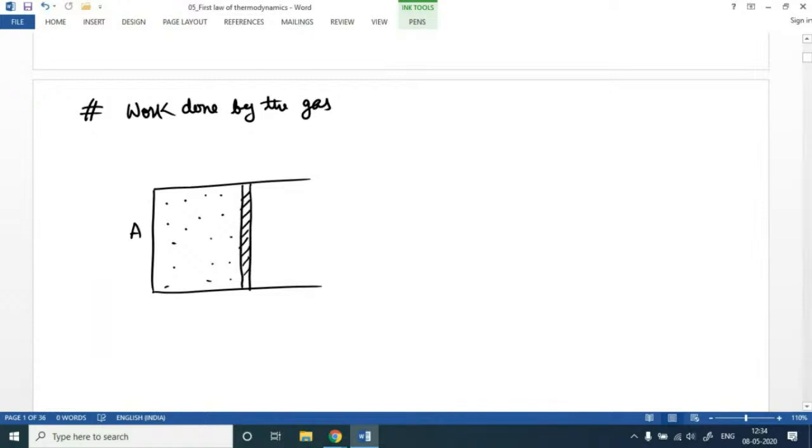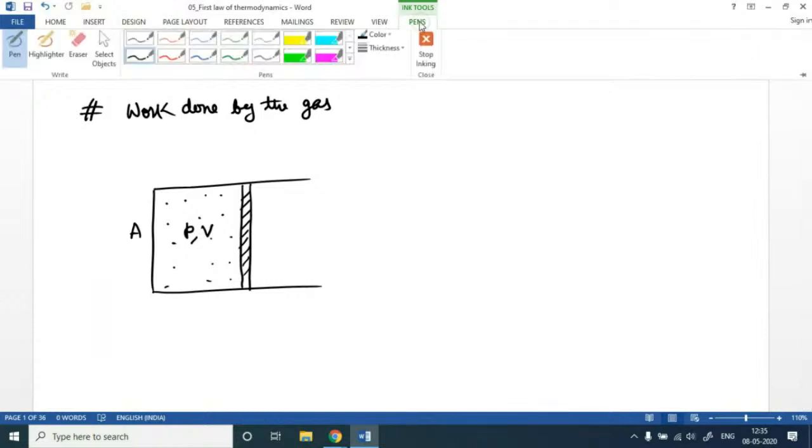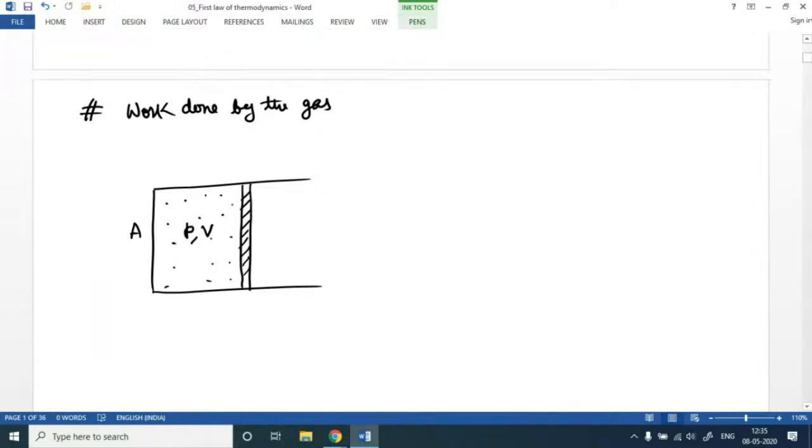Say the state of the gas at this instant is that its pressure is P and the volume occupied by the gas is V. The gas will be doing some work here, because due to this pressure, the gas will exert a force on the piston, and that force would be pressure times area. Due to this force, the piston will move an infinitesimal distance, say dx.